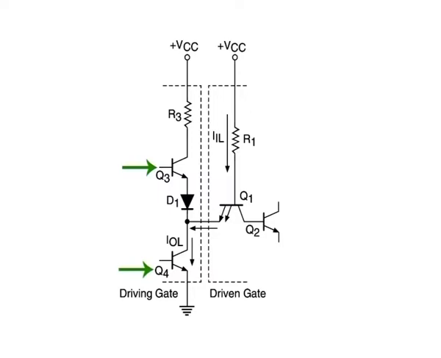Also, the input current IIH in the high state is nothing but the reverse-biased junction diode leakage current and is typically 40 microampere.